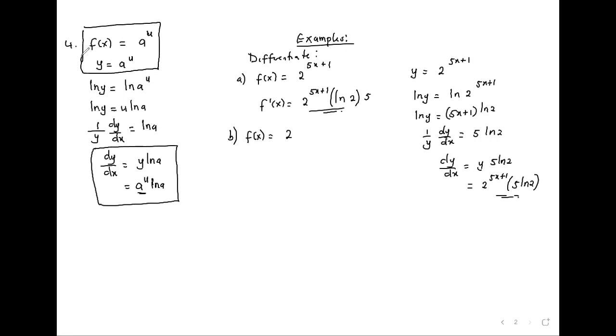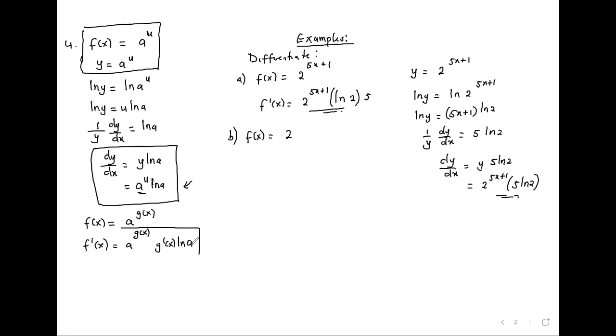So whenever you are given a function f of x is equal to some constant a to the power of a function g of x, the derivative of this function, according to this, is going to be a^g(x), then g prime of x, then ln a.